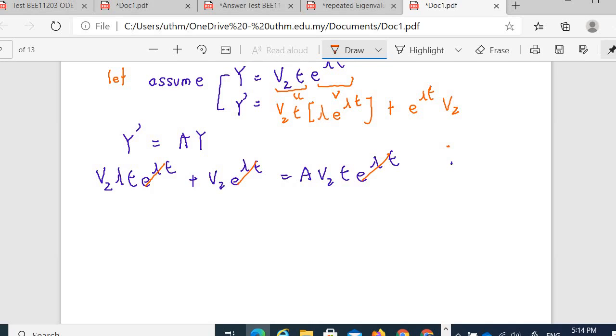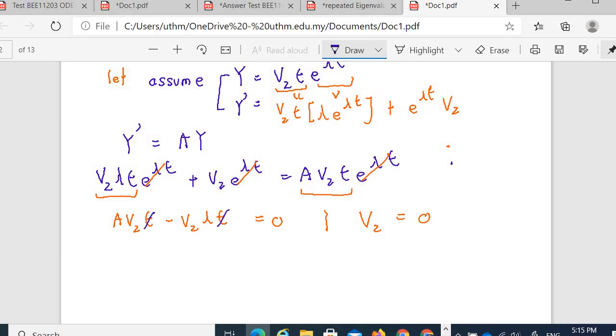So what we are going to compare is, if we collect together these two terms, we have a v2 t minus lambda v2 t equal to 0. Another one is here, v2 equal to 0. For this one, I can factor out the t, and the t can be cancelled.